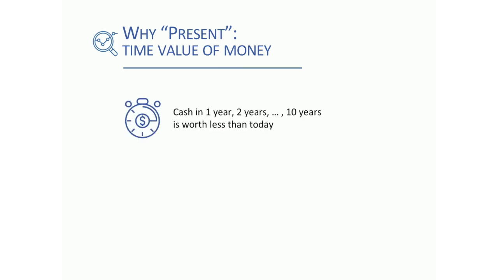So we're now in a position of thinking more generally about how to convert cash flows in the future into cash flows today. In particular, that formula is given by the following.